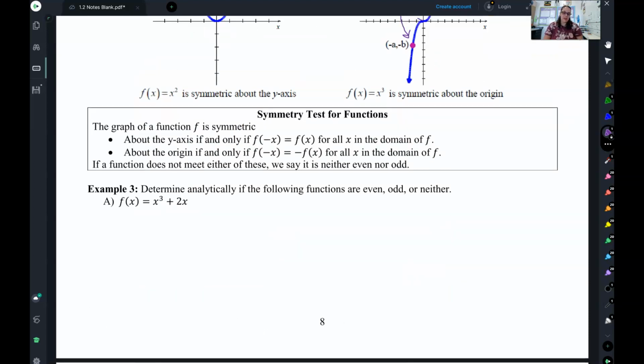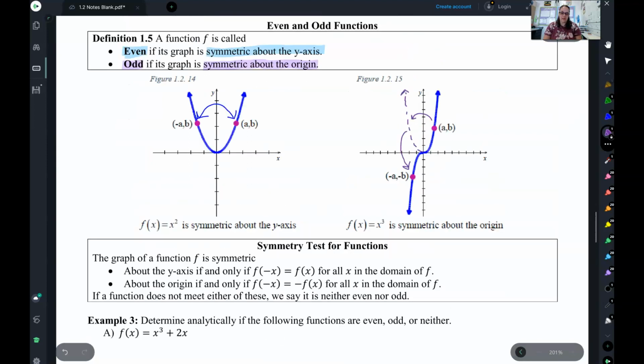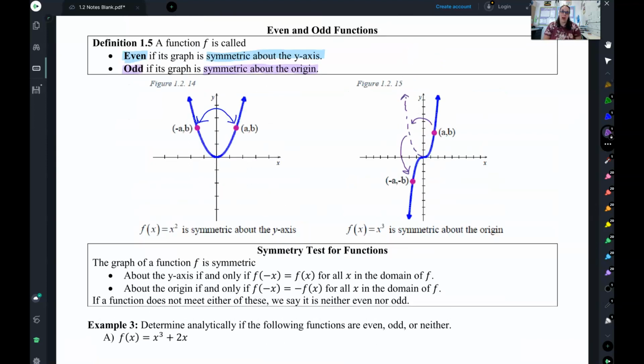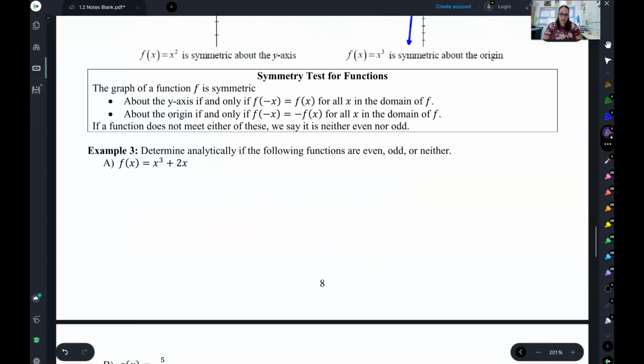So that is how you tell even and odd when you're looking at graphs. We also have a way of finding even and odd by looking at equations. These aren't going to make a whole lot of sense now. Give me a second, we'll get there. It is symmetric across the y-axis, aka even, if f of negative x equals f of x.